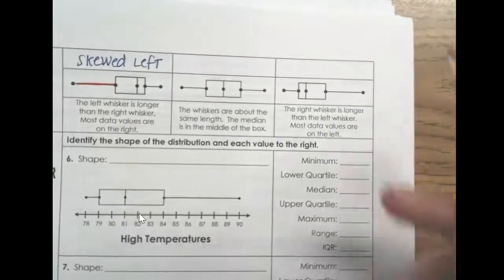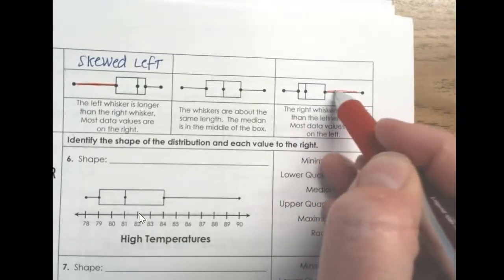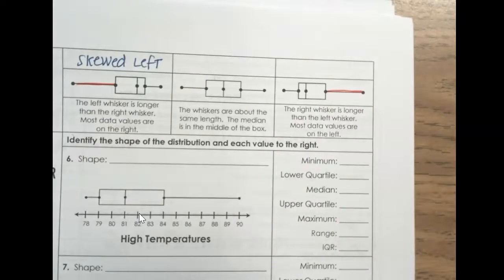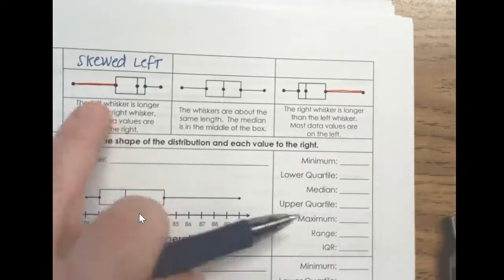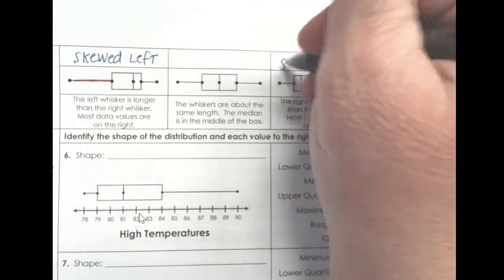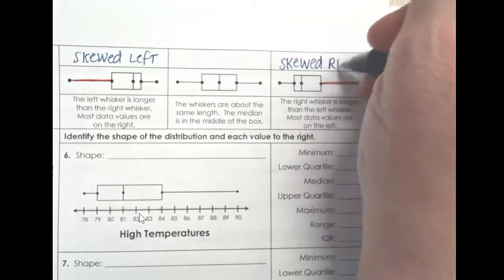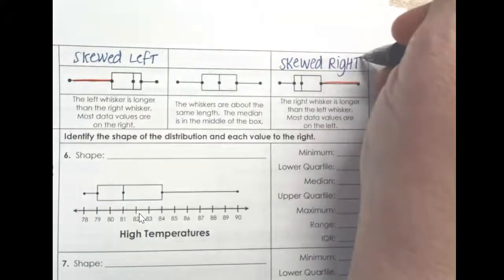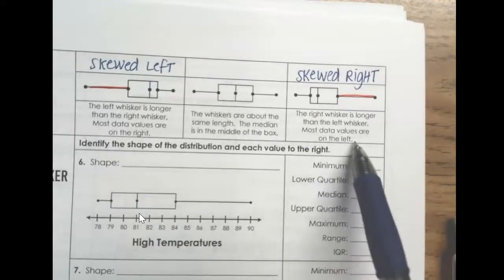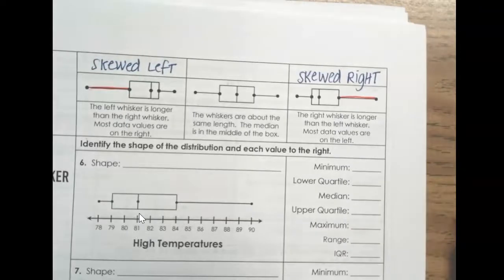So I'm going to skip the middle one right now. And when we look at this one, you'll notice that this right whisker is longer than the left whisker. Same idea. The left whisker was longer, so we said it was skewed left. This one would be called skewed right. Okay, so most of the data values are to the left, but you've got some that go to the right that are pulling it right.